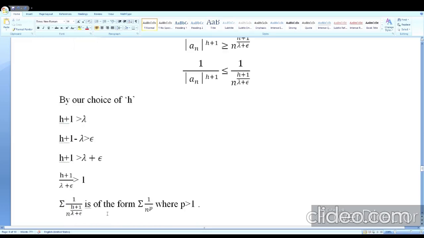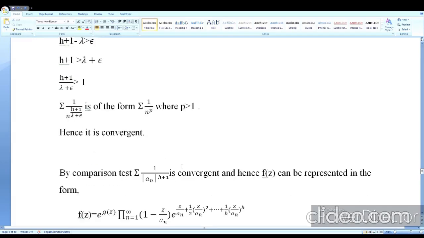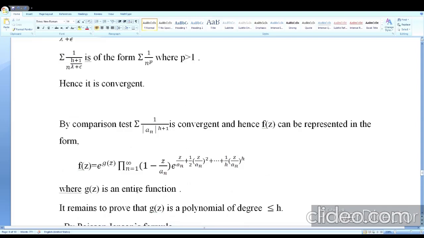So this is of the form summation 1 by n power p, where p is greater than 1. Hence it is convergent. By comparison test, we can say summation 1 by modulus of an power h plus 1 is convergent. And therefore we can write f of z equal to e power g of z times the product, where g of z is an entire function.